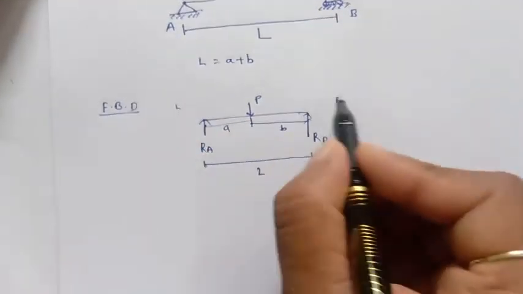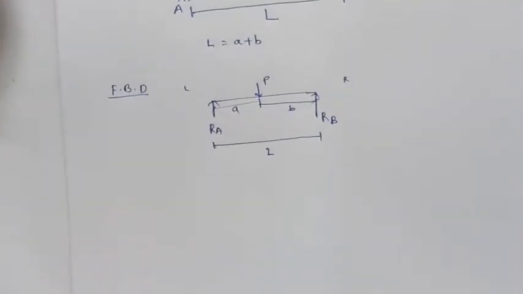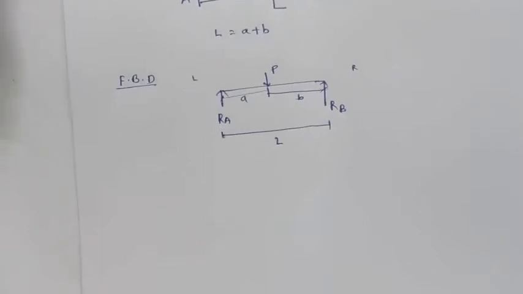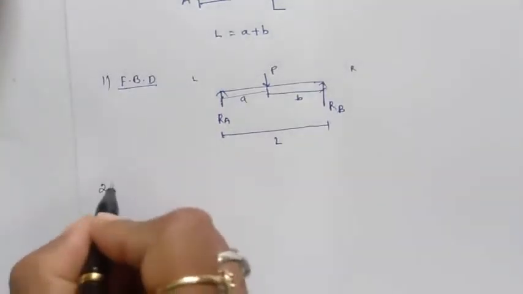There's no need to write this in the examination sheet, it's rough work only. So this is our free body diagram of this simply supported beam having the point load at the mid of this span.